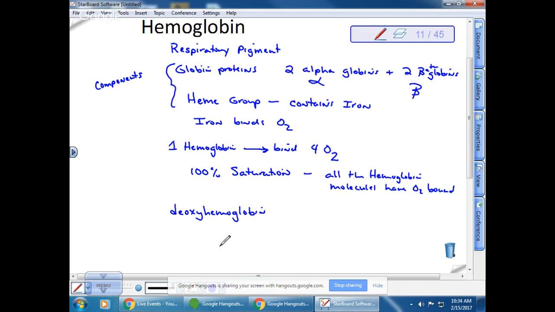We think that it's blue, but really it is the reflection through our skin that makes it look blue. It's just a different shade of red, right? It tends to be a darker red. And then when it combines with oxygen, this chemical reaction can go both ways, and we call it oxyhemoglobin. So this would be unoxygenated, this is oxygenated, and this means that it binds reversibly.